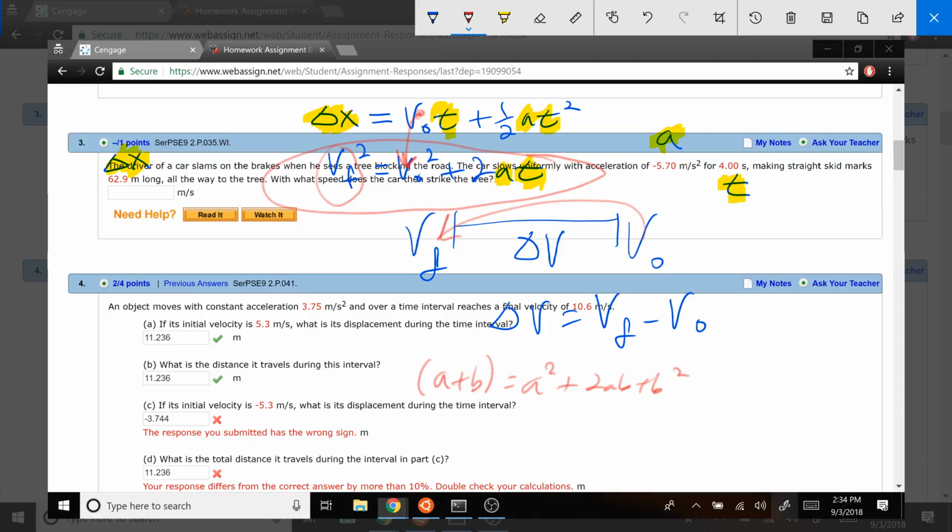I want that one real bad. I like that. I have that one. And therefore, I'm in good shape. But I'm not going to just start putting numbers in because I can do this algebra. This is algebra you should be pretty good with. How do I solve? I want V naught, right? So I'll just go ahead and solve it for V naught. That would take a couple of steps.